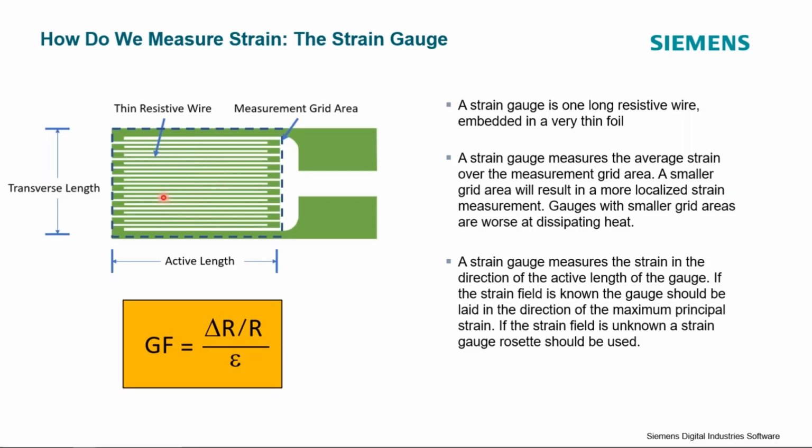So if you have a test object that has very high strain gradients, and what I mean by that is the strain varies very rapidly at different locations along the test part, it's important to use a small strain gauge, because if you were to use a bigger strain gauge with a higher surface area like this, you are averaging the strain over the entire grid area. The drawback of that is with a strain gauge with a smaller grid area, there is less surface area through which to dissipate heat. Strain gauges with shorter grid areas are worse at dissipating heat, and that can affect your strain measurement.